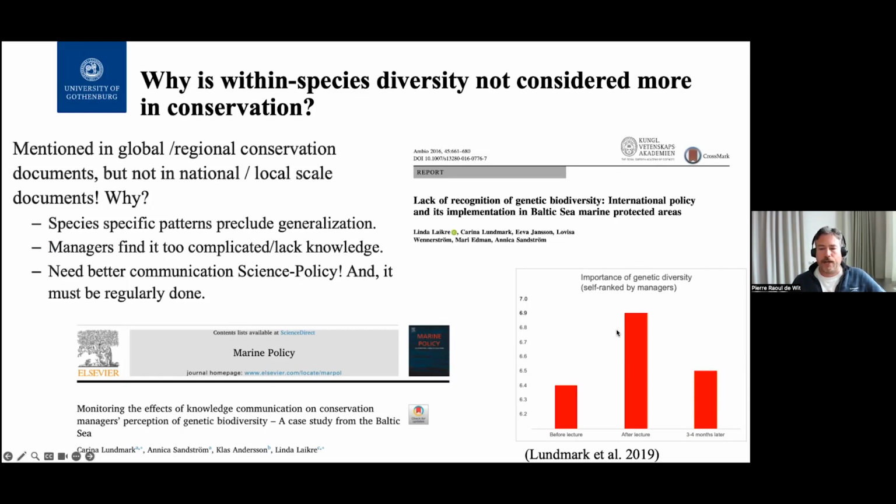And you could see that right after the lecture, managers thought that biodiversity was much more important than they thought before the lecture. But 3 to 4 months later, when asked again in a questionnaire, it was back to the levels that it was before the lecture. So they forgot how important it was. So in order to maintain a momentum here that genetic biodiversity is important, you need to communicate often and regularly. So that is the conclusion of this.